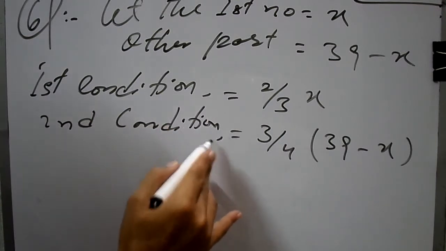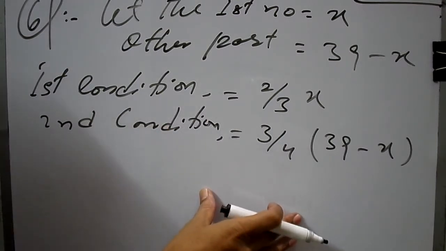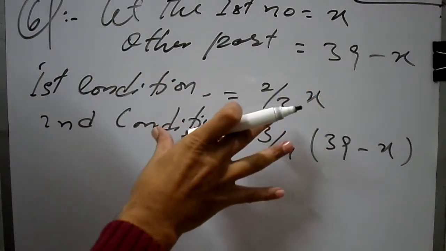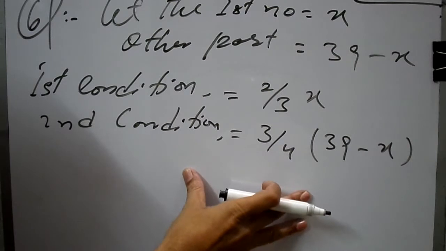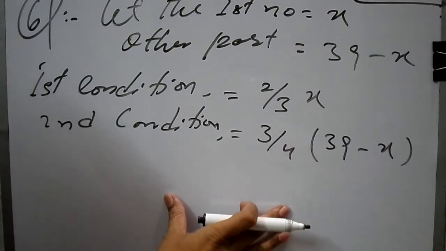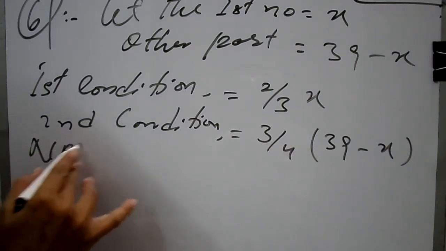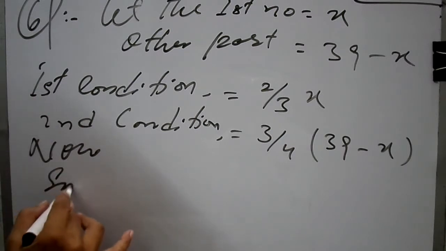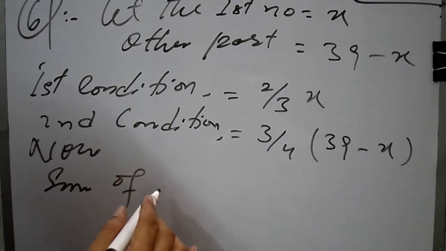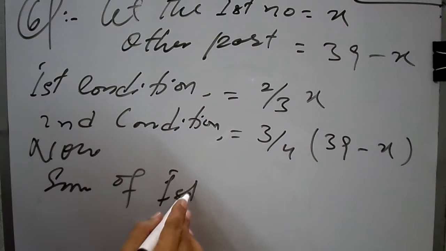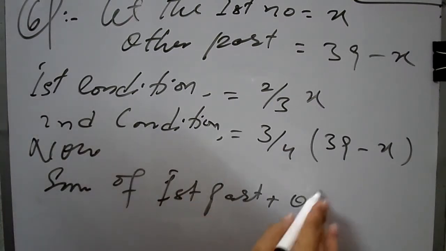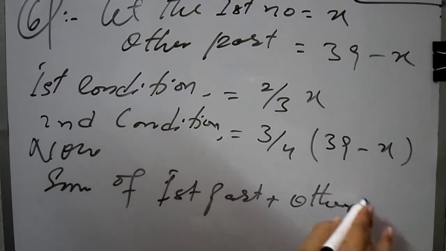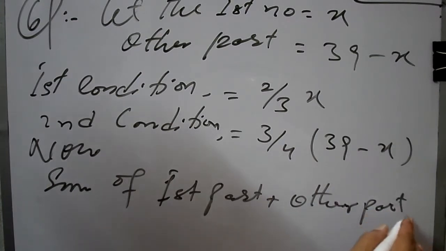Now the author of the book says that the first condition and the second condition give you 28. So you can say that the sum of the first part plus the second part, or other part, is equal to 28.